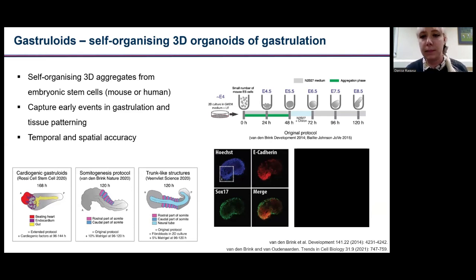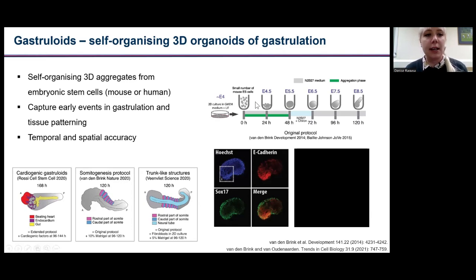In the original protocols, you plate these embryonic stem cells, and through several days of media supplementation, they form these 3D balls of cells that exhibit specific patterns and developmental cues that mimic the developmental events that happen in the embryo.